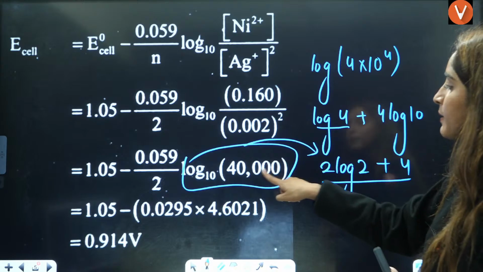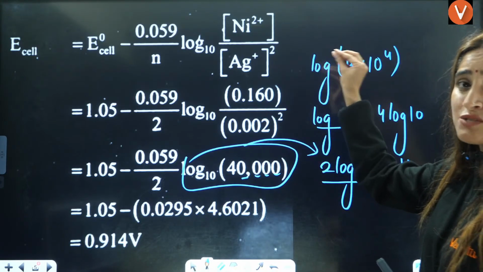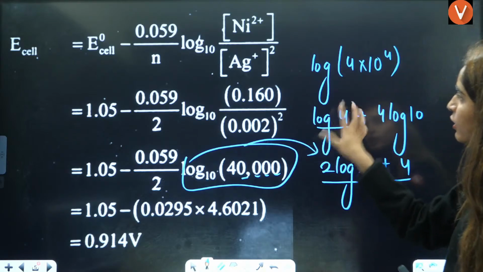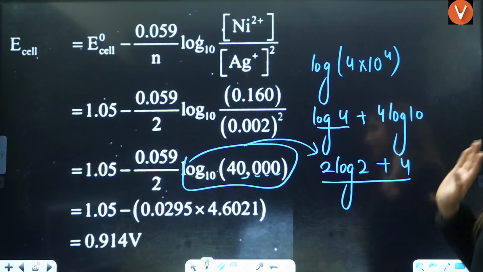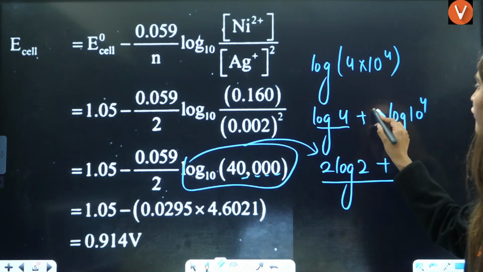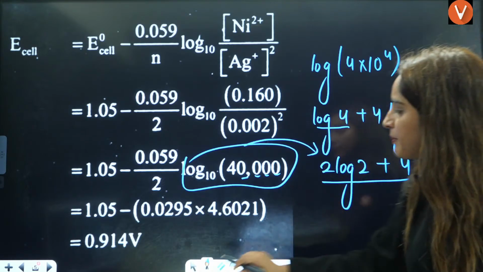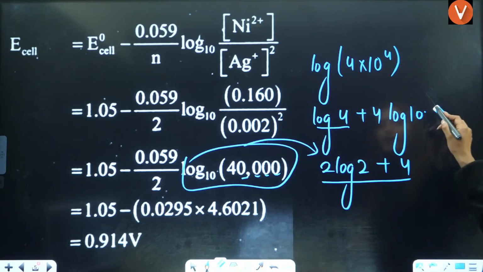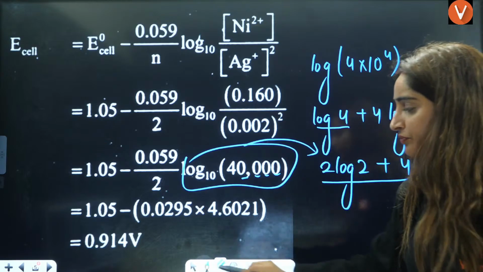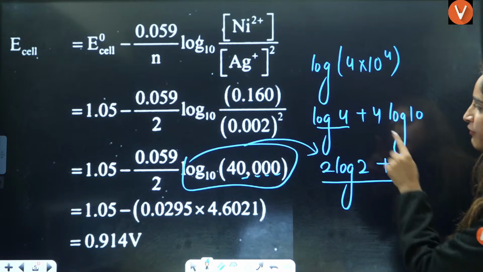4 multiplied by 1, 2, 3, 4, 10 raised to power 4. When it is log of this multiplied by this, that can be added here: log of 4 plus 4 log 10. Why? Because for log of 10 raised to power 4, the power will come to the front, and this will become 4 log 10. After that, log 10 is 1, so it will be 4.